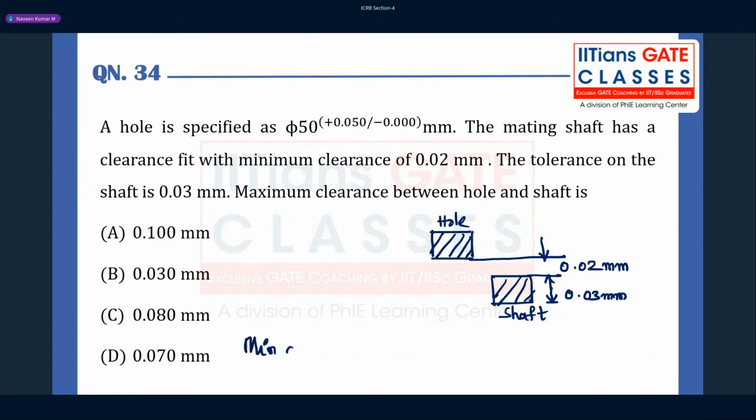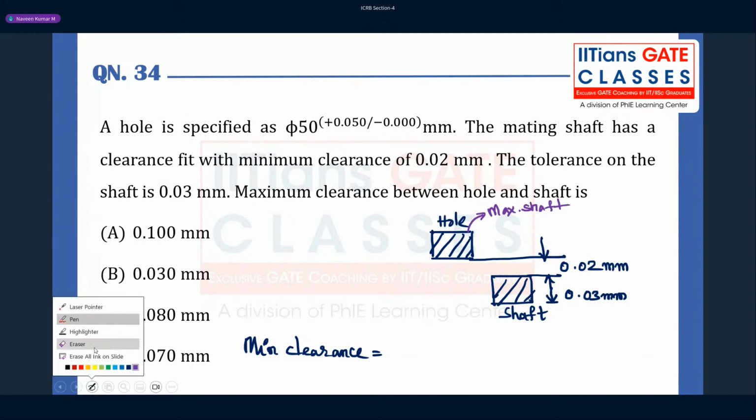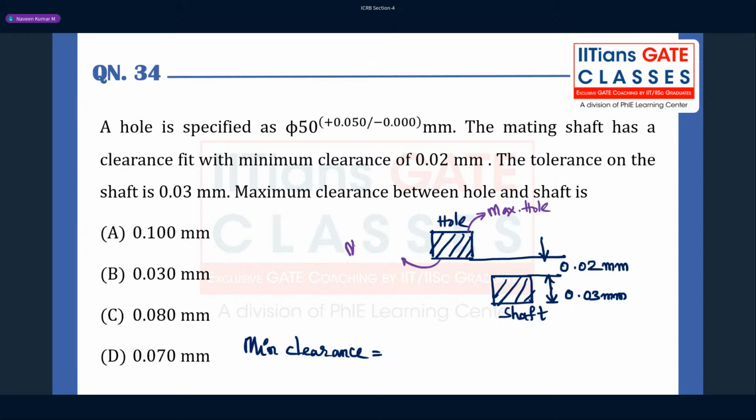Here this is the maximum dimension of hole, and this is the minimum dimension of hole, min hole, and this is maximum shaft, and this is minimum shaft.